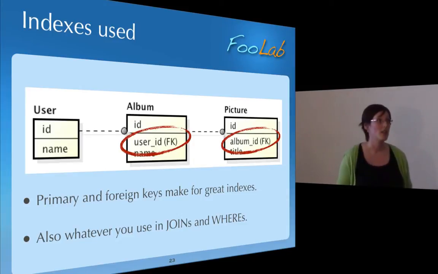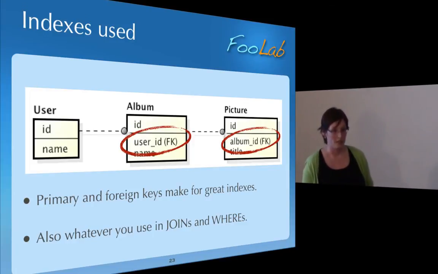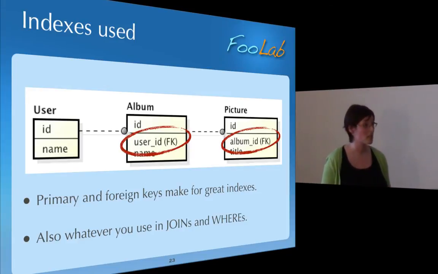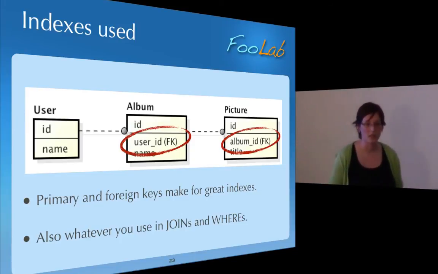For example, if you query often on the postal code of your users, then you might want to index that as well. So just try different variations and see what works best for you. If I have some time at the end, I will talk about how to select index candidates. If not, we'll just skip that for now.